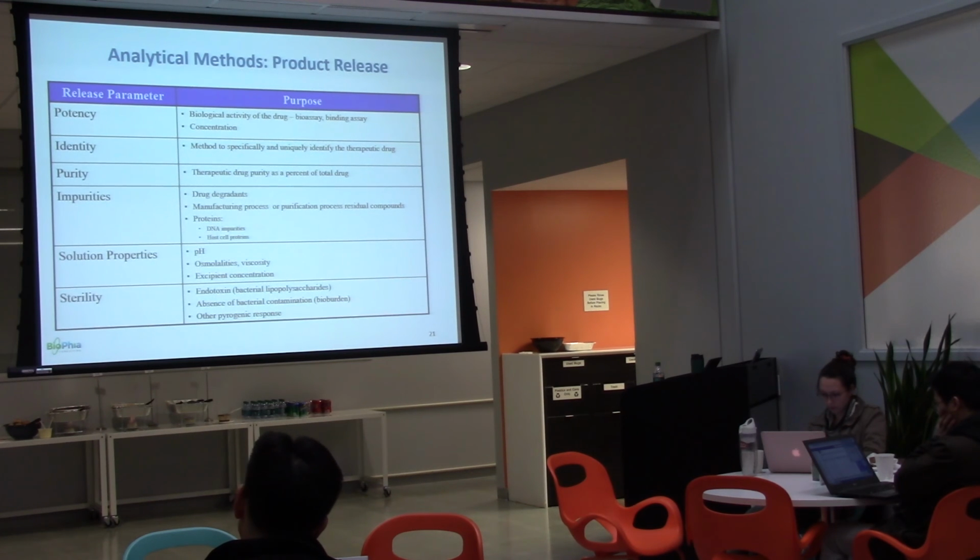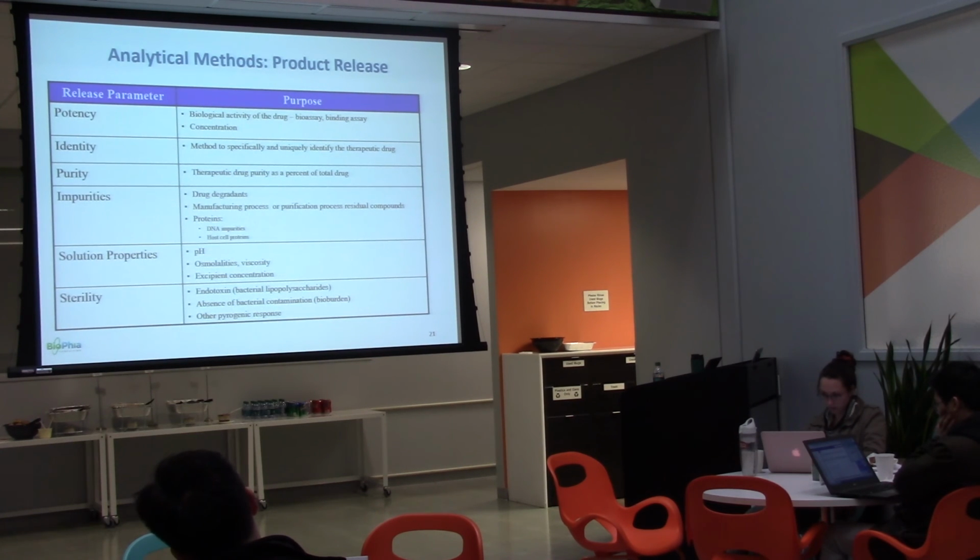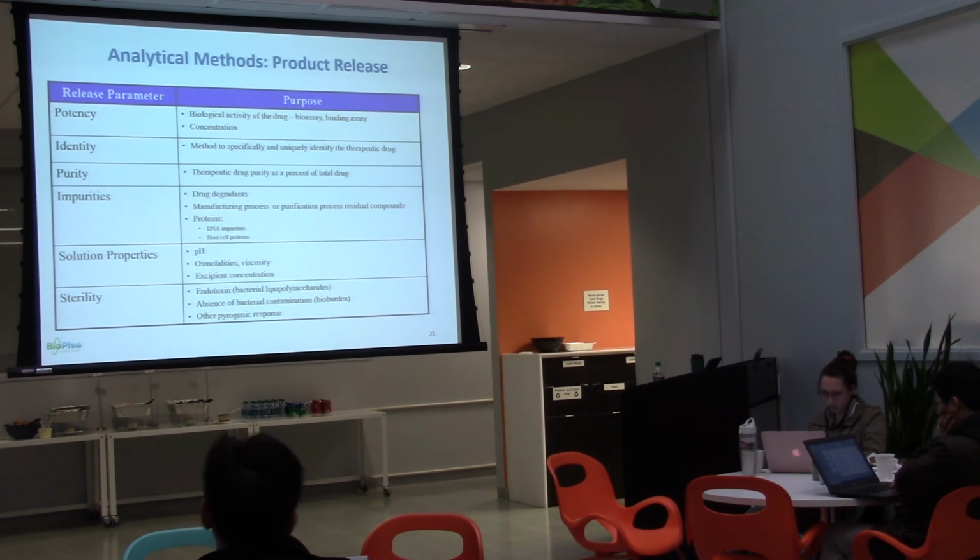So product release is one of those aspects where you're addressing, again, a number of these parameters that the FDA requires you to talk about in your IND. So potency, what's the biological activity of the drug, what's its concentration, how have you identified it, you've shown that it's pure.